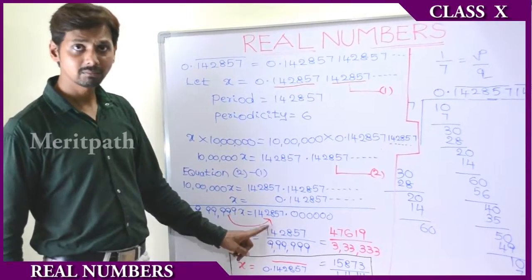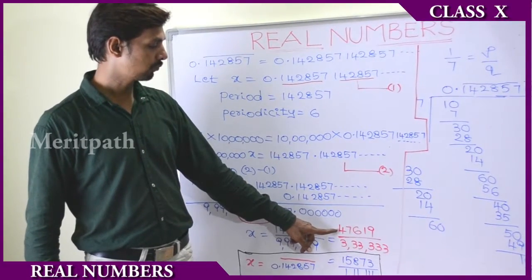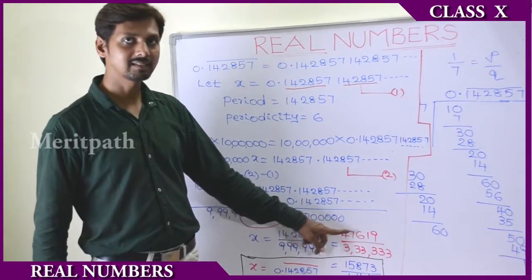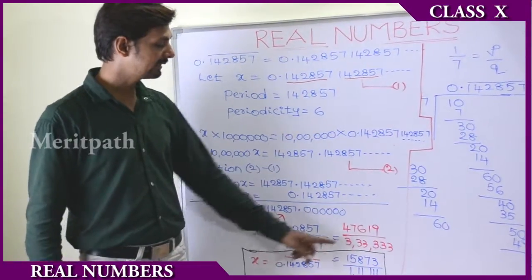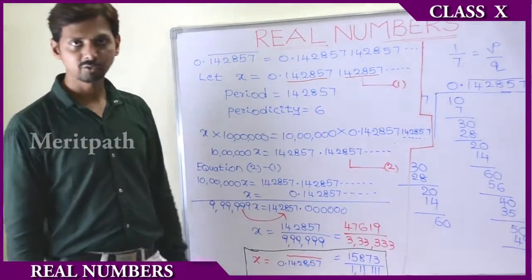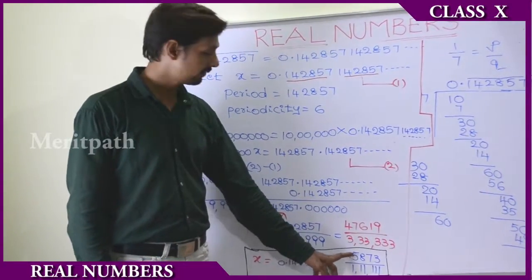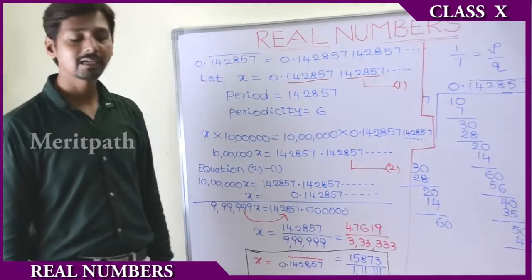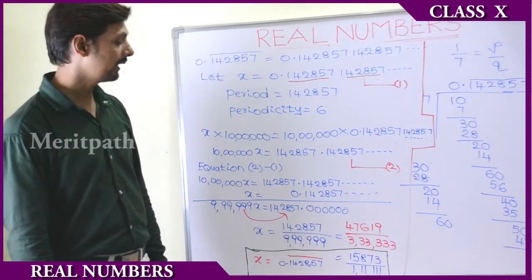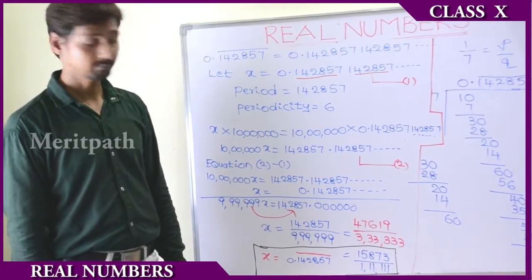We cancel by 3 tables in this board. Then we get here 47,619 divided by 3,33,333. We continue with the same process. Again cancel by 3 tables here. We get 15,873 divided by 1,11,111.